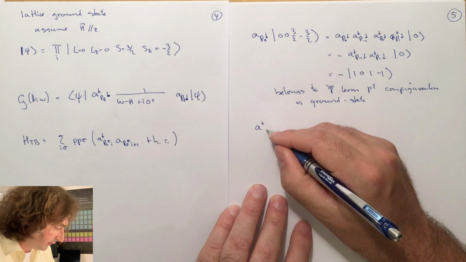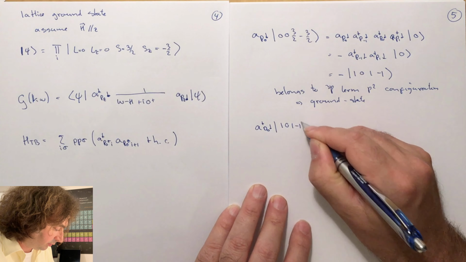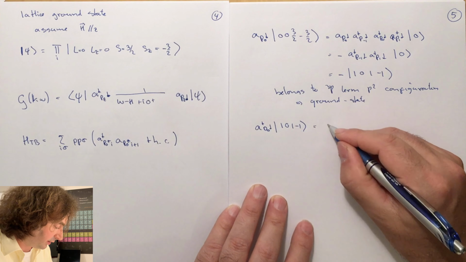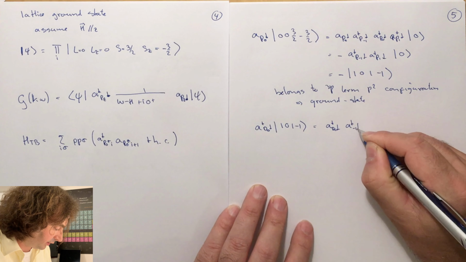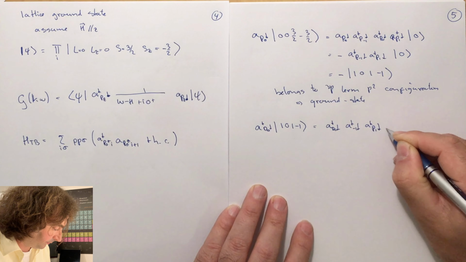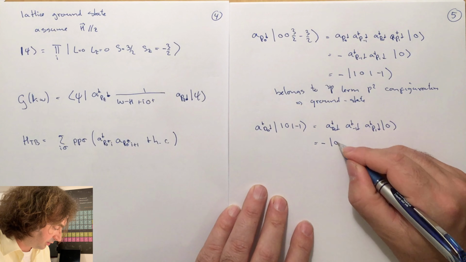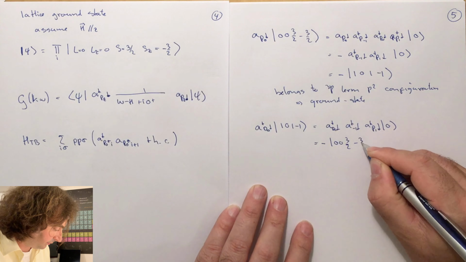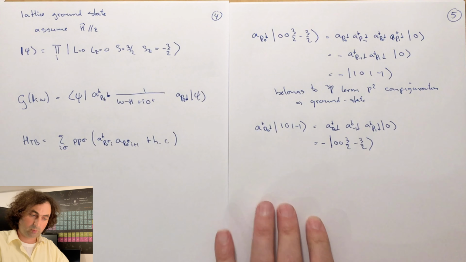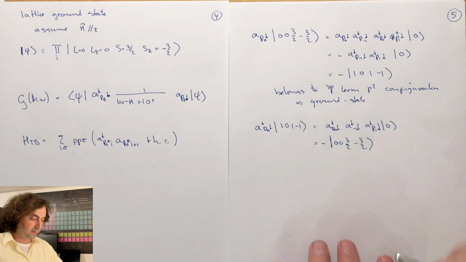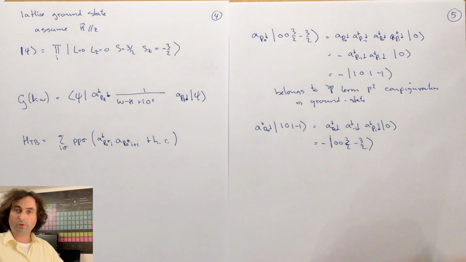Especially we can create this electron back from our p2 state, and this is just a dagger p0 down, a dagger p minus 1 down, a dagger p1 down, which is minus 0, 0, 3/2, minus 3/2, such that once you're in the localized state, you can just hop with your electrons from one site to the other.